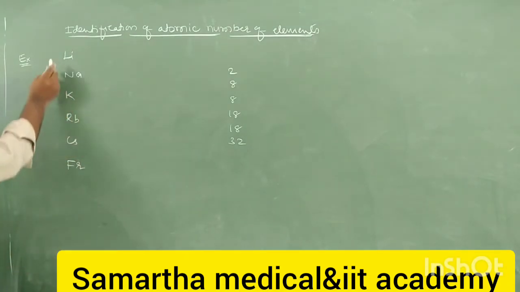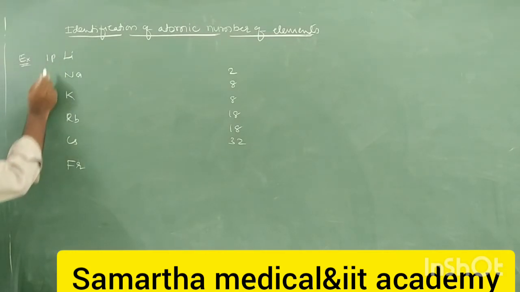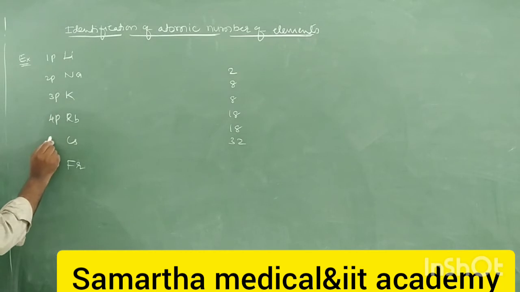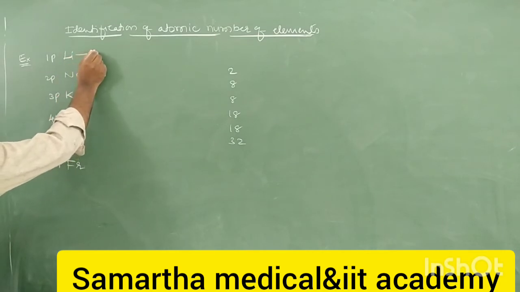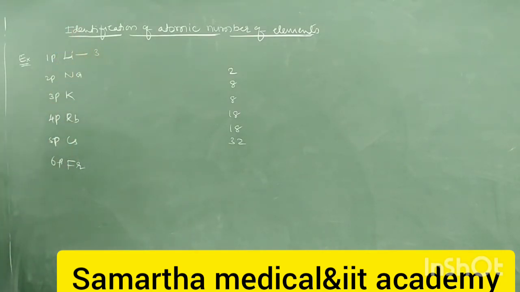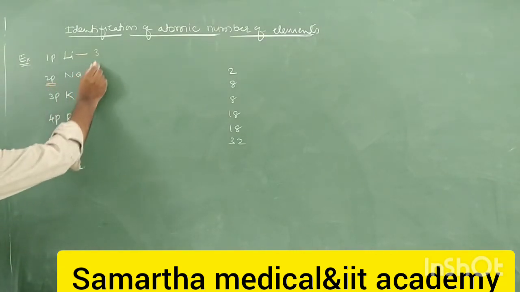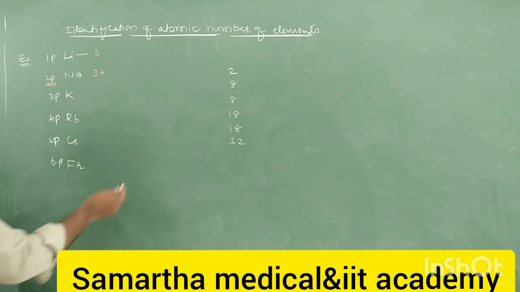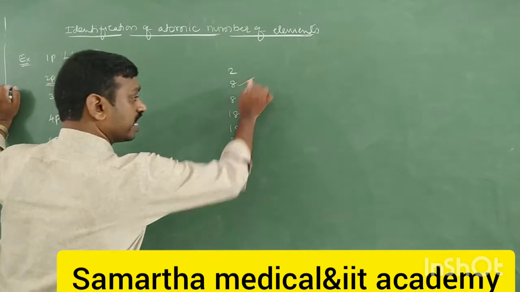Now we know that lithium belongs to the second period, sodium third period, then fourth, fifth, sixth and seventh period elements. We know that the atomic number of lithium is 3: hydrogen, helium, lithium. Now to get the atomic number of the second period element, take the atomic number of the first element and add the second digit.